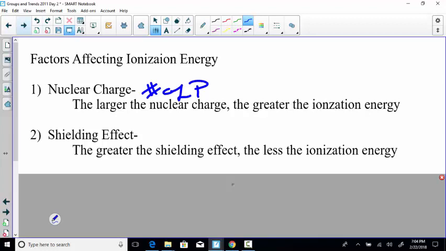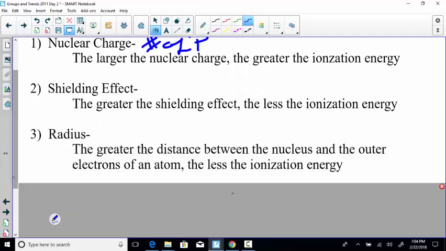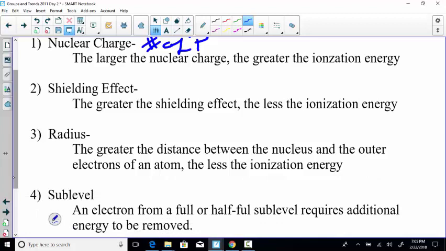The greater the shielding effect, the less the ionization energy. Third one, radius. The greater the distance, the less the ionization energy. And the last one is sublevel. An electron from a full or half full sublevel requires additional energy.